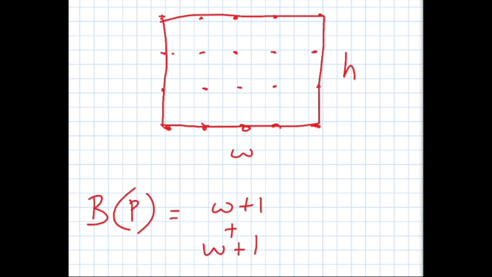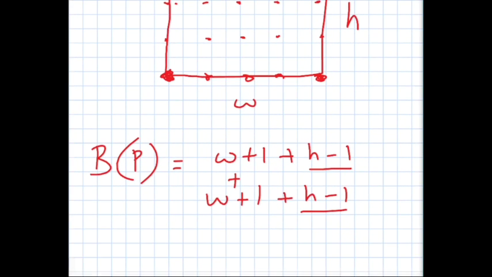Okay, how many on the left and right sides? So this is H minus 1 plus H minus 1. Note that we have to be careful about why this is H minus 1 here, because these are already taken care of by the W side, so we cannot repeat it.